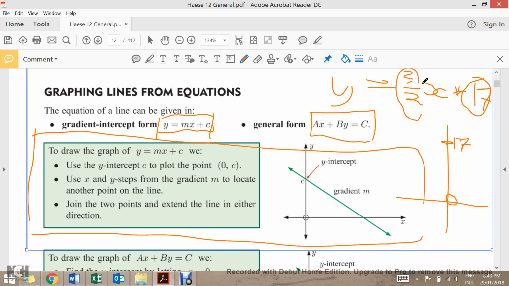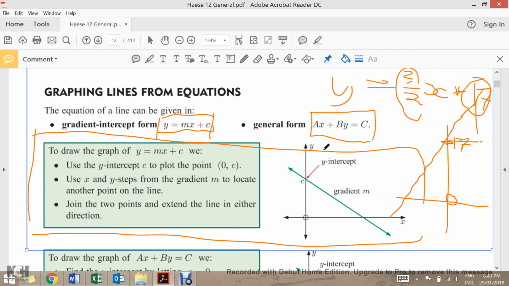If this is our slope here, that means that every time x goes up 2, remember that's the x step, y goes up 3. So go across 2 in the x, up 3 in the y. And write down whatever that point would be, draw the graph from that. And that's how you draw a graph using gradient-intercept form.